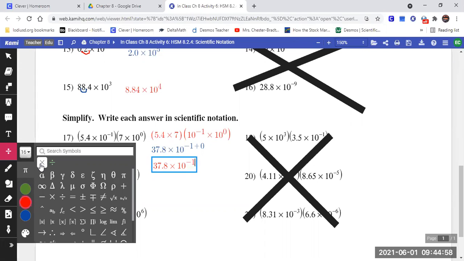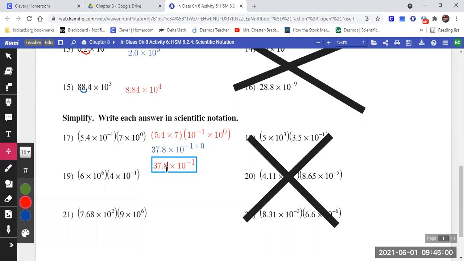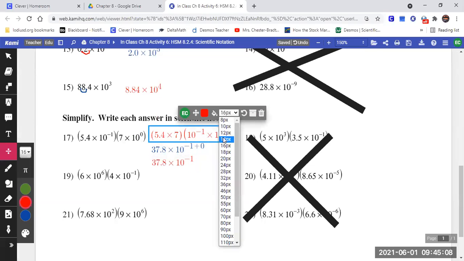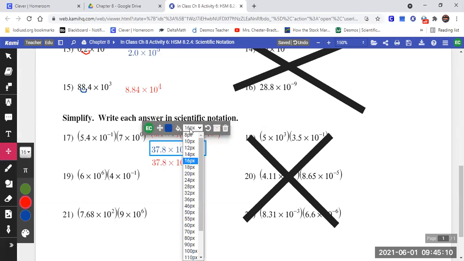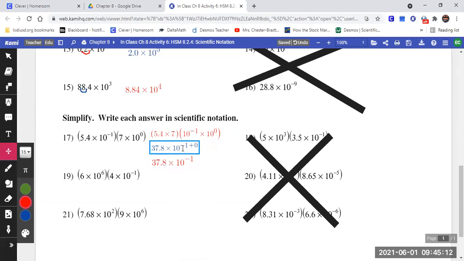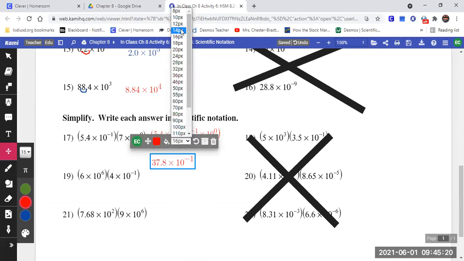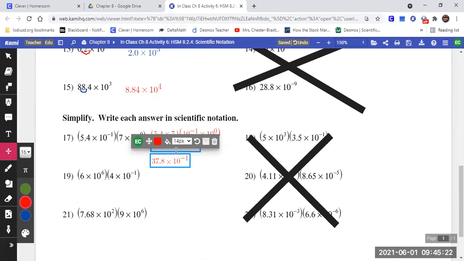Negative 1. Okay. Is our answer of 37.8 times 10 to the negative 1 in scientific notation? Nope, it's not.